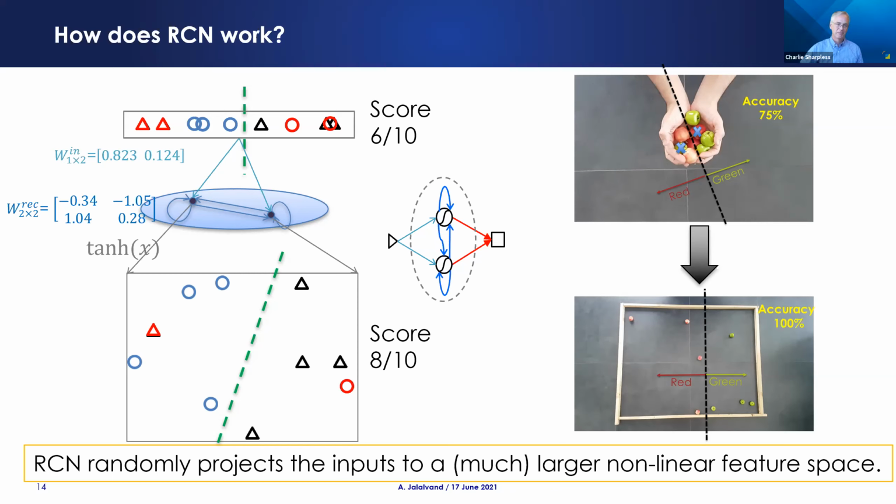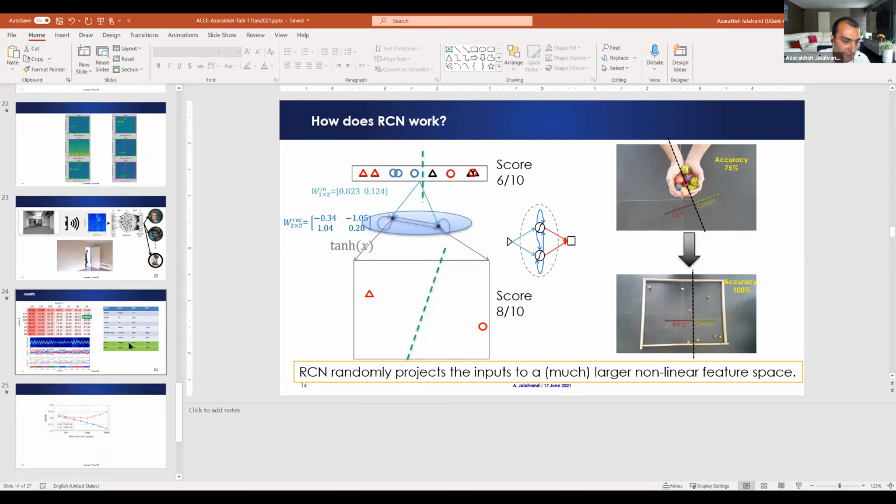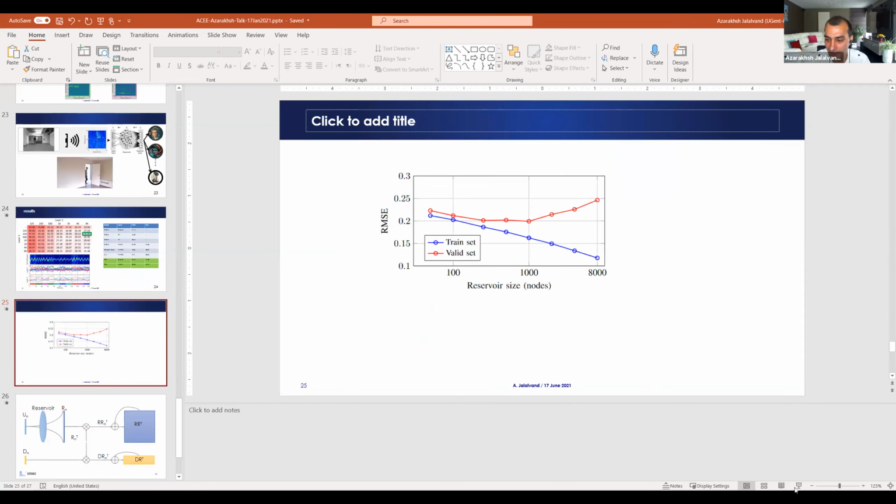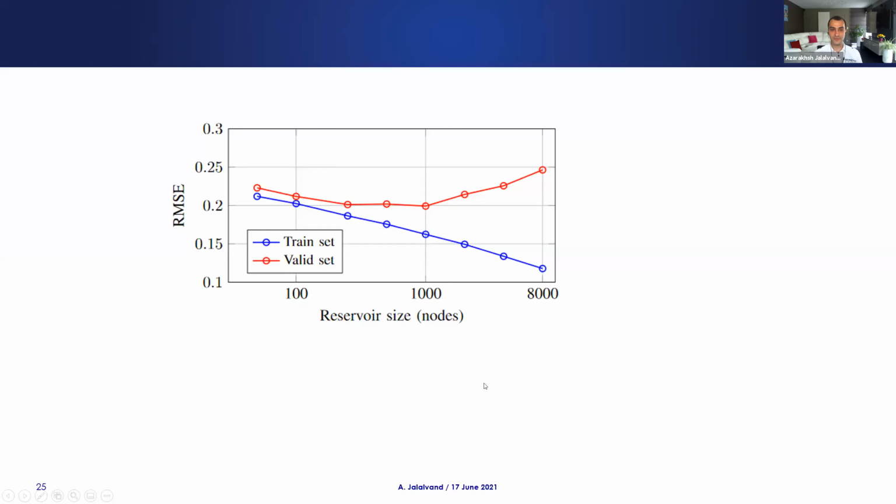We have shown that, and let me check if I have the plot for that. Oh yeah, I have it. That's one of the examples. That's on the data set that I showed for profile prediction, in which we tried to increase the size of the reservoir from 50 to 8,000. Here you see the performance, the error rate, as a function of the reservoir size for training set and validation.